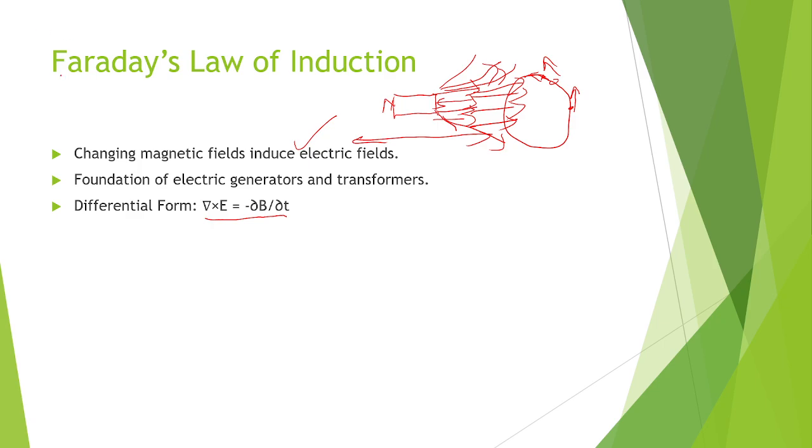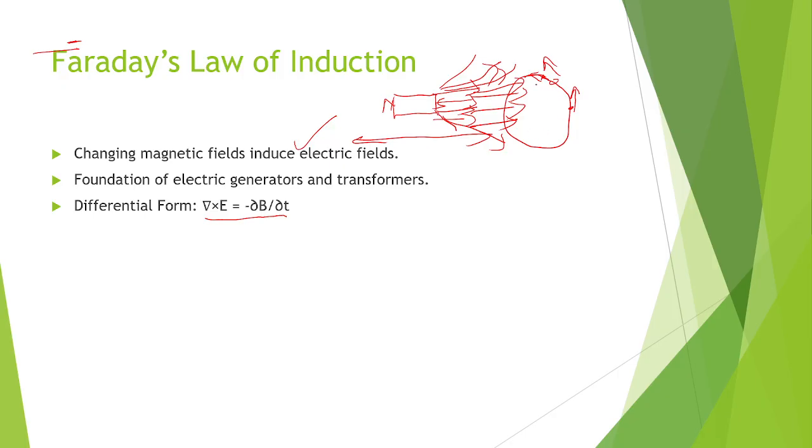Either we move the coil away from and near to the magnet, or the magnet back and forth, so that the lines passing through the coil change in time, and that will induce electric current inside this coil.